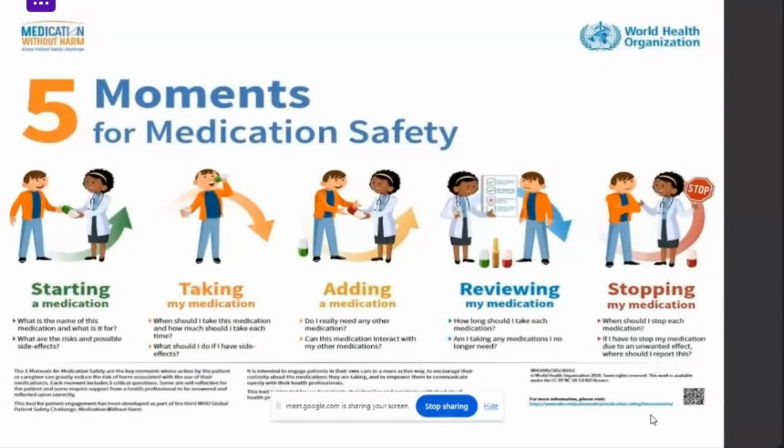So, when to start a medication, during the medication, adding a medication, reviewing the medication, and stopping the medication. These are all very important. We have a tendency of not completing the course of therapy as advised by the clinicians, so please adhere to that. If a drug is given to you for 5 days, 10 days, or a month, or to be continued, please adhere to that, because your body will be responding to the way you are taking the drug.